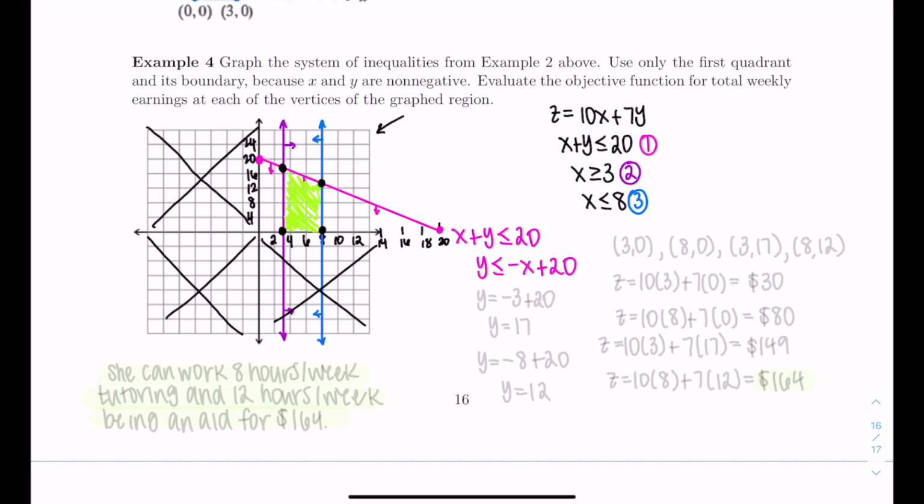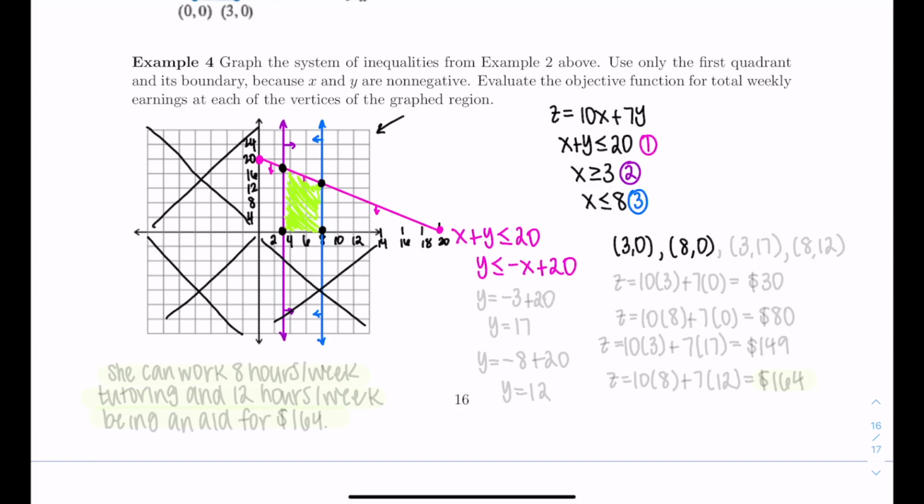Well, two of them are pretty easy. We've got the point 3, 0. And we also have the point 8, 0. And we need to figure out what the other two are.